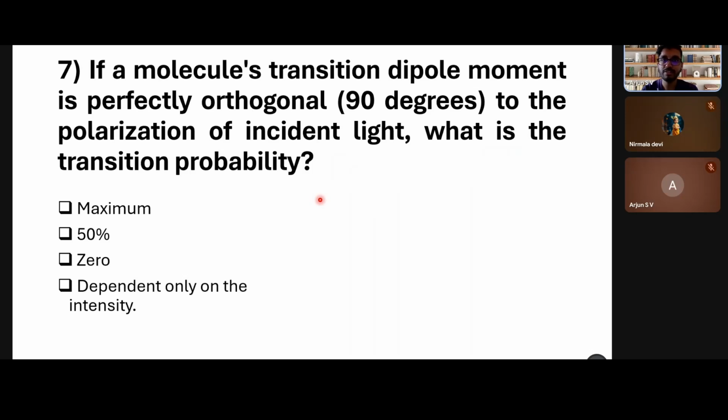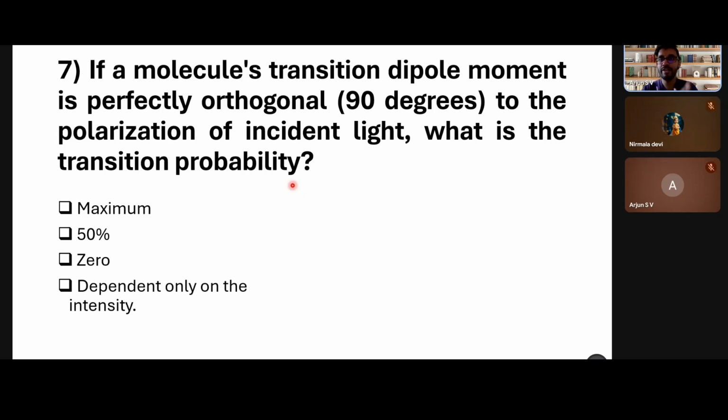So we'll move to the next question. If a molecule's transition dipole moment is perfectly orthogonal, that is 90 degrees to the polarization of the incident light, what is the transition probability? This is also a very easy question.